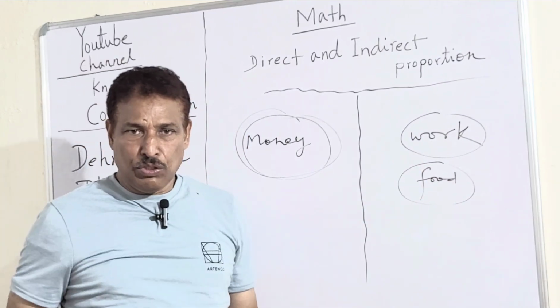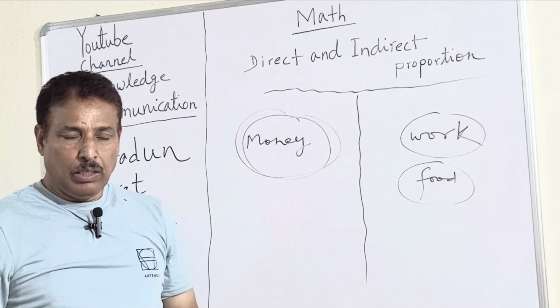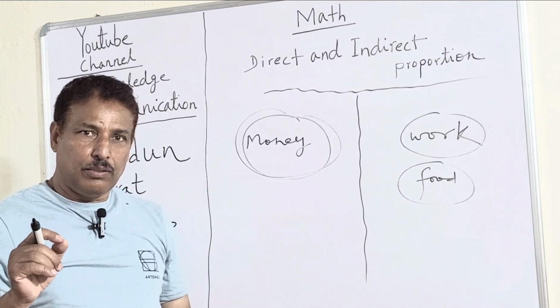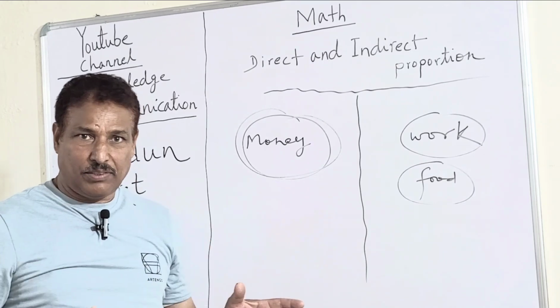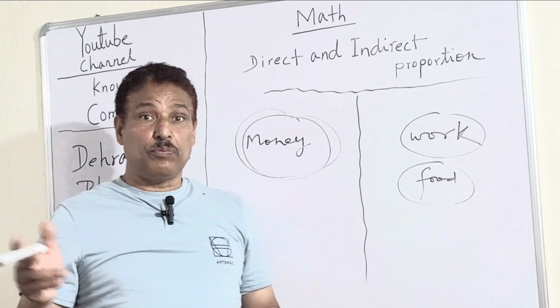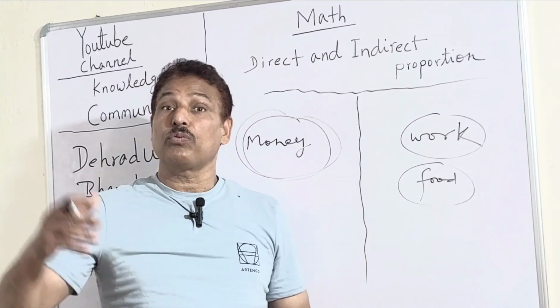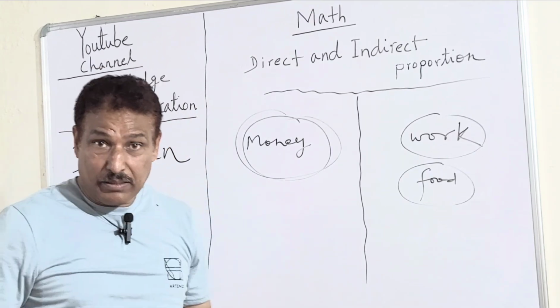Look, suppose you have got a plot, a 1 acre plot, and you employ 5 workers, and your friend wants to employ 10 workers or 20 workers. Then you have got 1 acre of land.